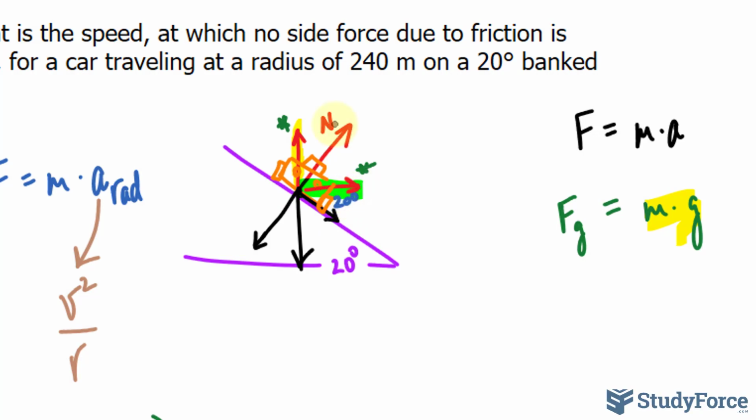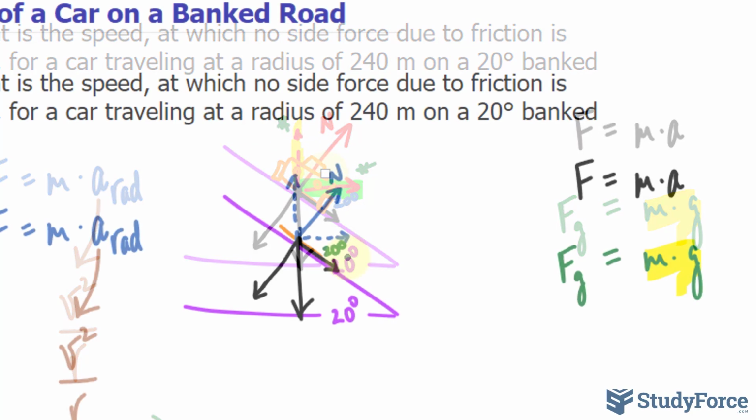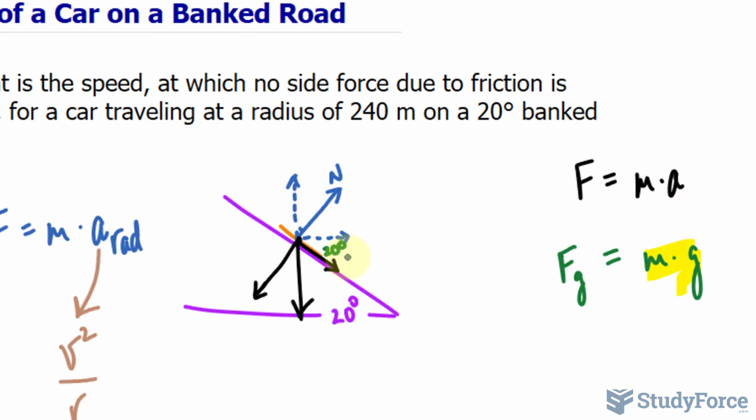Before I continue, let me clean this up a little bit further. Okay, now that I've taken the car out of the way, you can kind of see what's happening. So if this is 20 degrees, then the angle that this makes is 70 degrees. And the angle that is made between this vector and that vector is also 20 degrees. So we have a lot to work with.